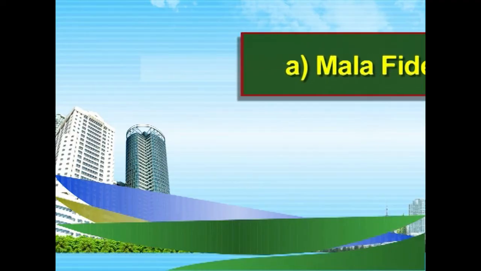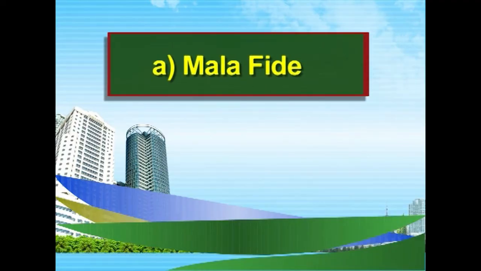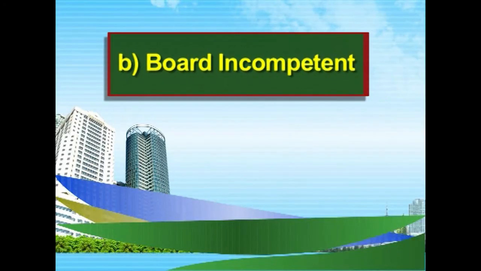Shareholders' intervention in exceptional cases. In the following exceptional situations, the general meeting is competent to act even in a matter delegated to the board. Mala fide. The majority of the shareholders had the right to control the action of the directors in the matter when they are acting against the interest of the company. Board incompetent.